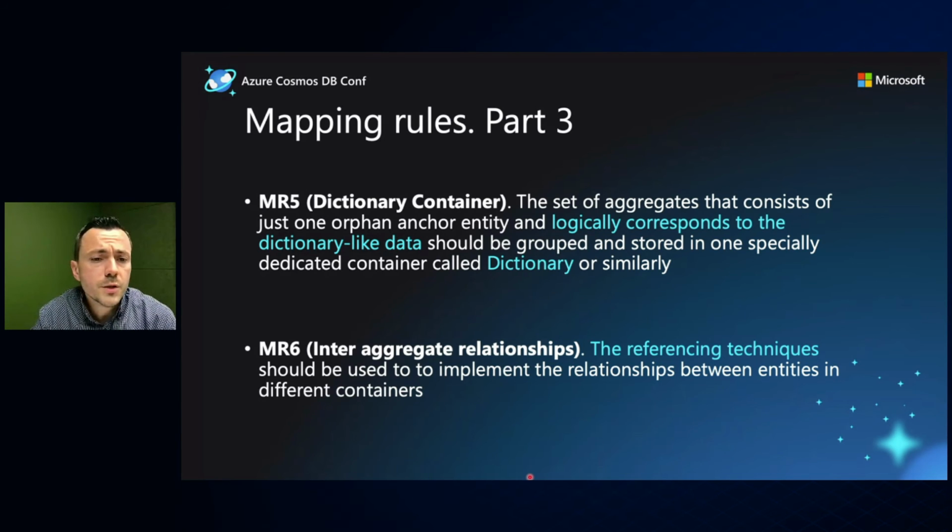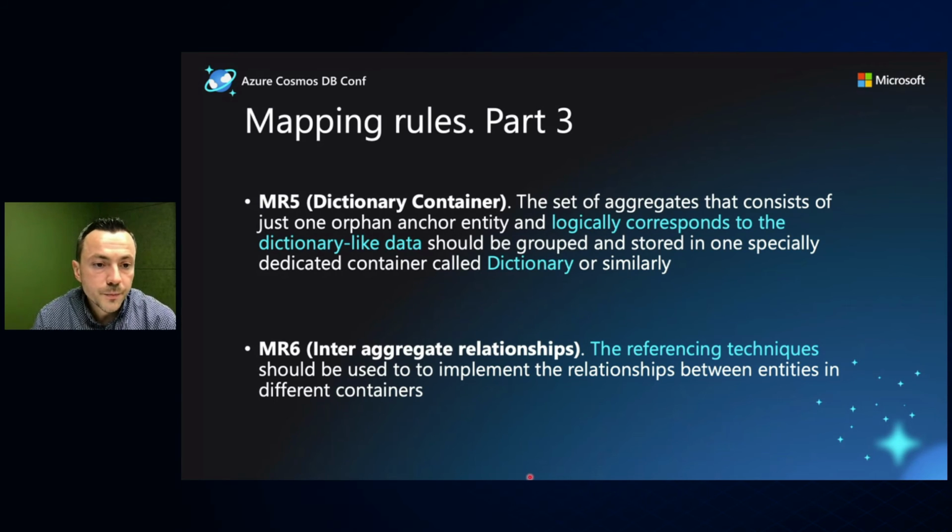We don't need a separate container for each individual dictionary, so we can join them together in one specially dedicated container for dictionaries. So we can take a set of aggregates which consist of just one orphan anchor entity and map them to different document types inside special dedicated dictionary containers.